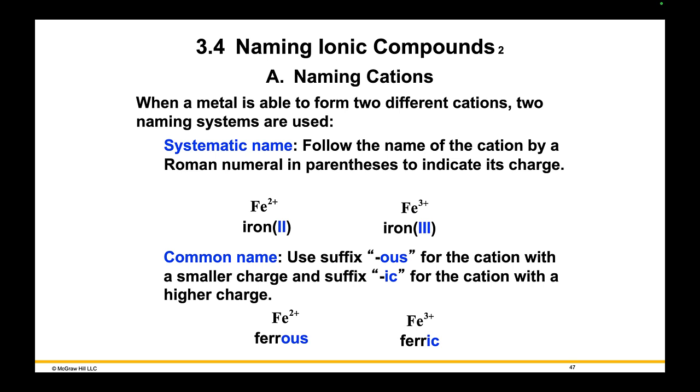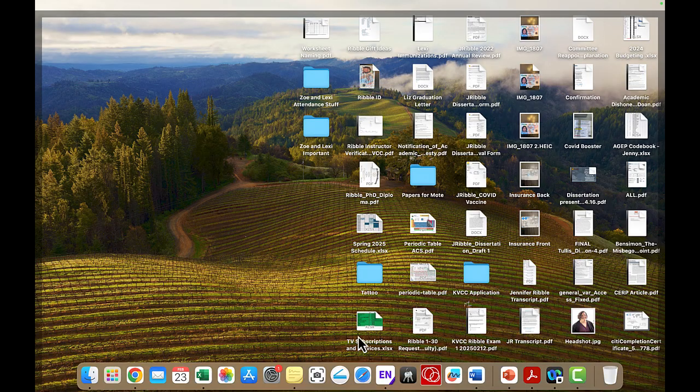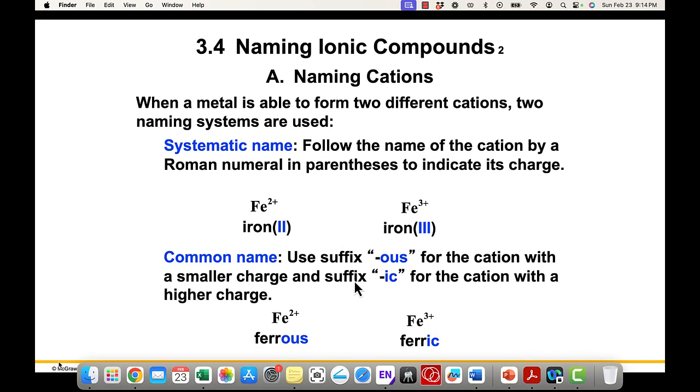There's also another way to name these. This is a lot less common, but I do want to make you aware of it. When you have a cation that can form more than one ion, there are two different ways to name that. You have one that has a lower charge and one that has a higher charge.